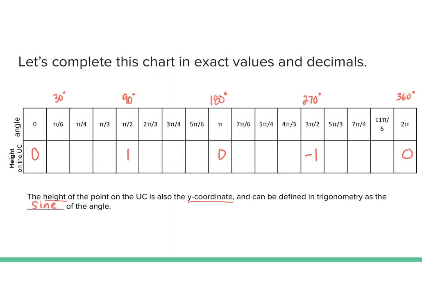At pi over 6, think of your little unit circle. Pi over 6 is the lower angle. The height right there is therefore my 0.5. Then I hit root 2 over 2, which is approximately 0.707 or 0.71.